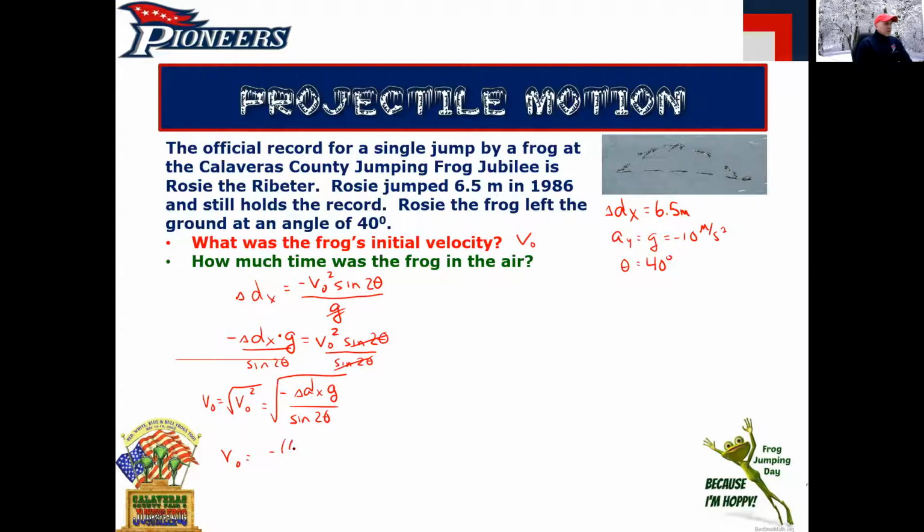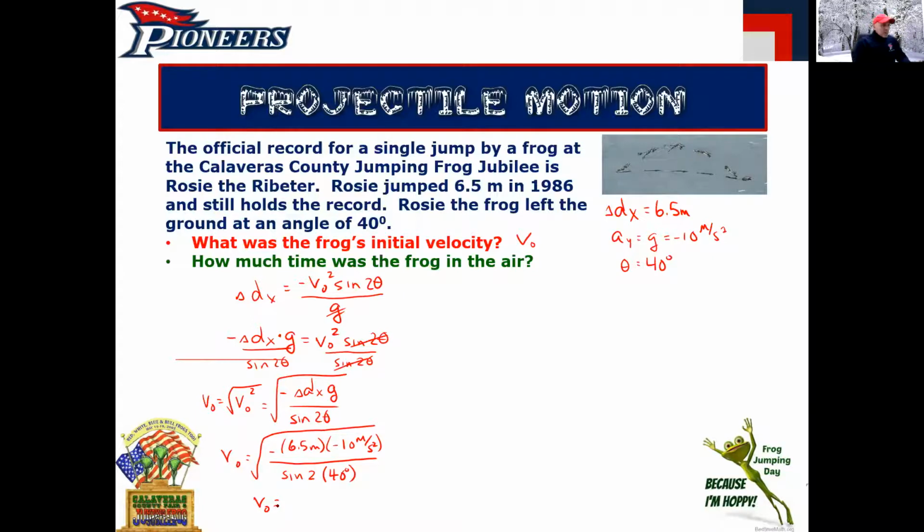This was 6.5. Remember, g is negative 10, because we have a negative there, and somehow we need to be able to take the square root appropriately. Sine of 2 times 40 degrees. So some algebra that we haven't seen yet, but should be in your wheelhouse.